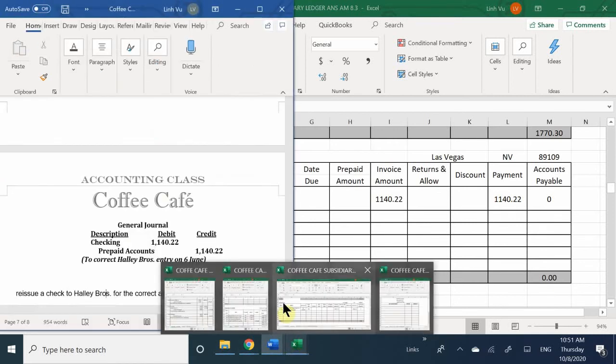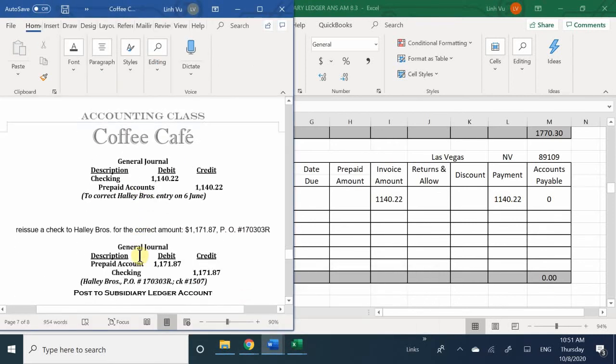All right. Now it says to reissue a brand new check to Haley Bros for the correct amount of $1171.87. PO number, now we need to change our PO number because now it's been revised, right? Our purchase order number now needs to reflect a revision, which is the total amount of down payment I'm actually going to be placing in.